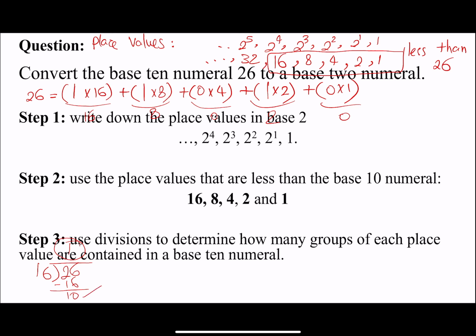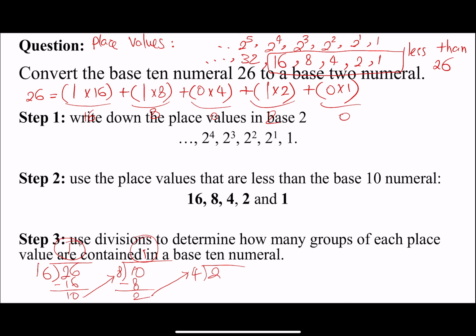Okay, so we have 1 group of 16. This remainder, I bring it here and I divide it by the next place value, which is 8. So 10 divided by 8, 1 group of 8. 10 minus 8 is 2, so I have 1 group of 8. Now the remainder is 2. I move it here and I divide it by the next one. The next place value is 4.